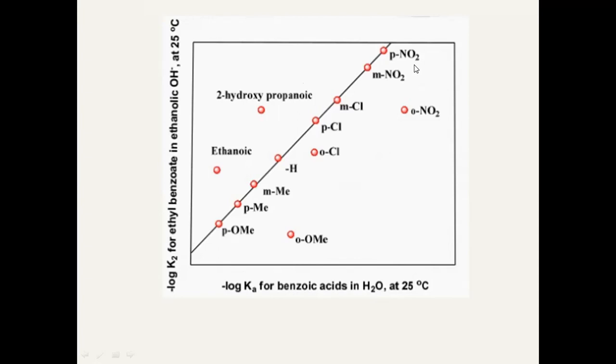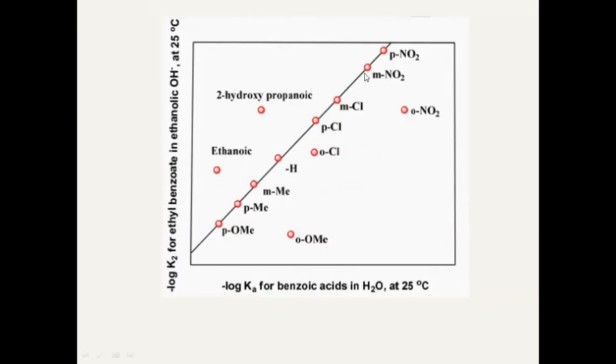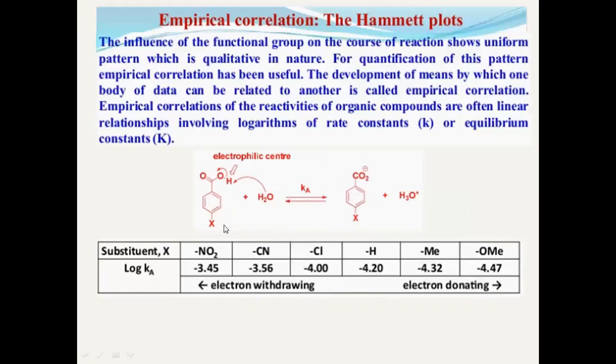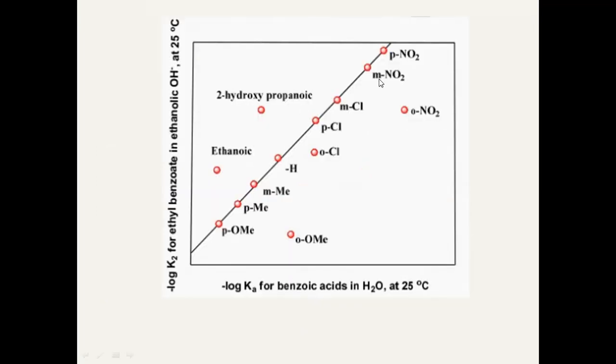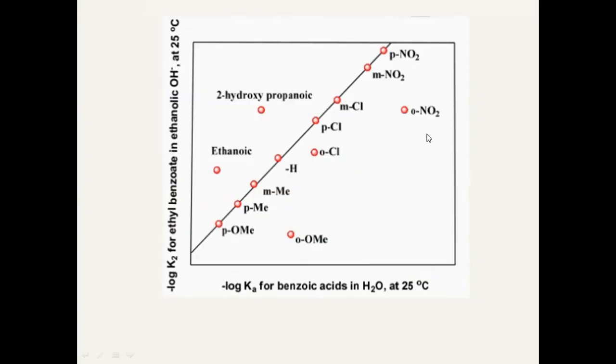Therefore, for para nitro, if the nitro group is at the para position, that will show the highest minus log K. If it is a meta nitro, that will be somewhat less effective and therefore the values decrease. And if it is ortho nitro, then that is not considered, it is out of the diagonal relation.